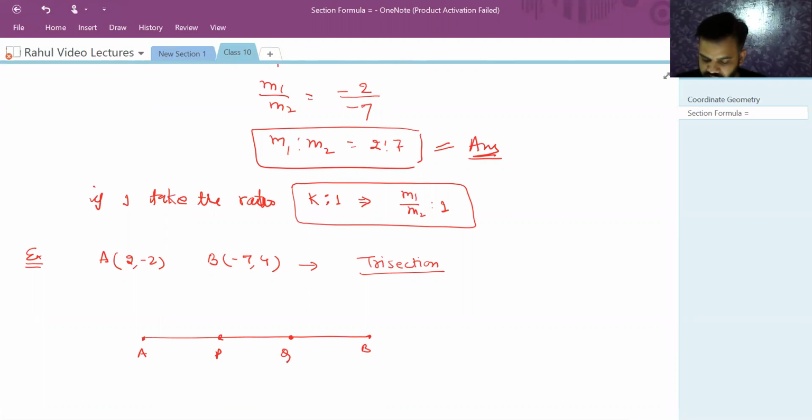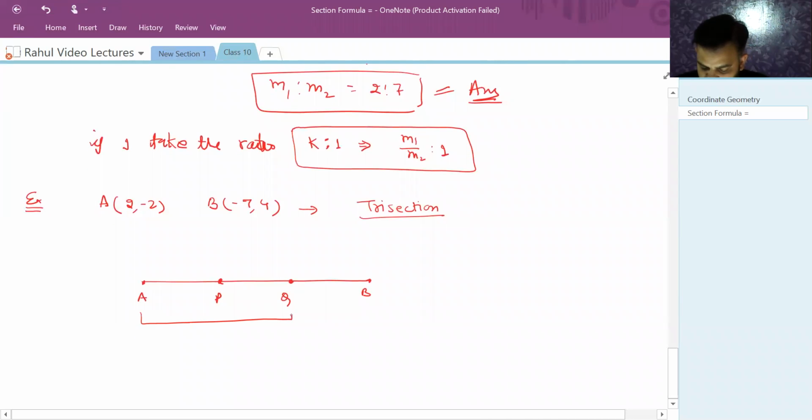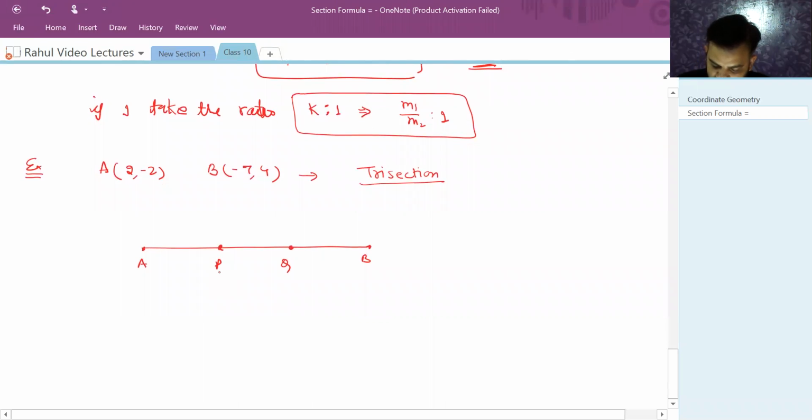So what is the ratio of M1 and M2? Suppose we are finding the coordinate of P, then what is the ratio? M1 ratio M2.